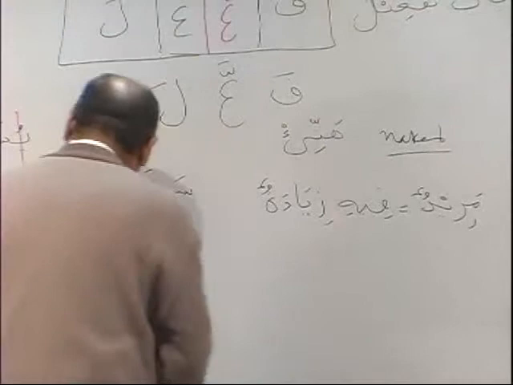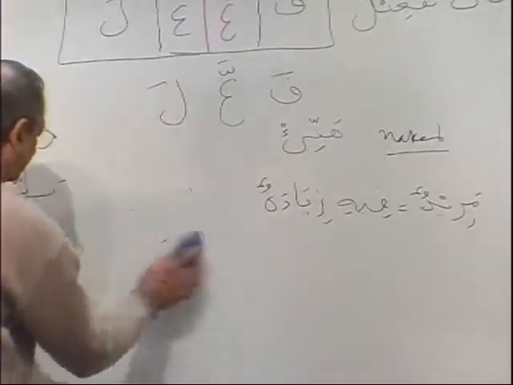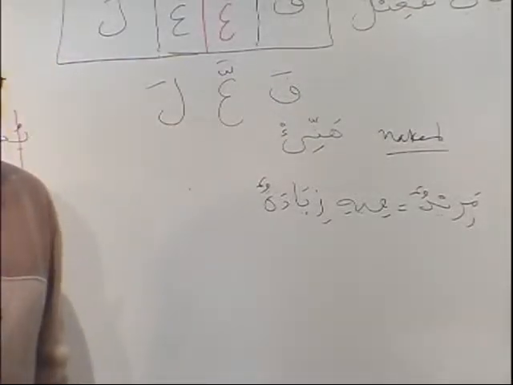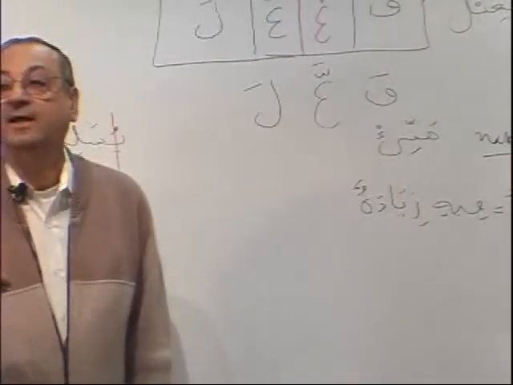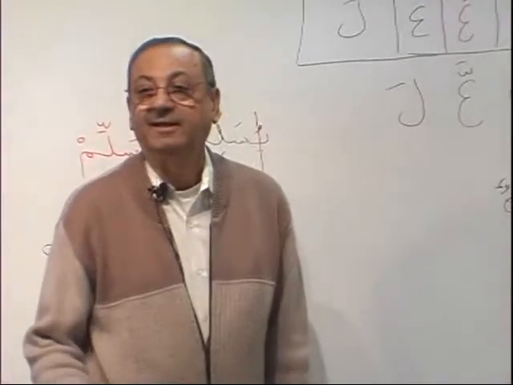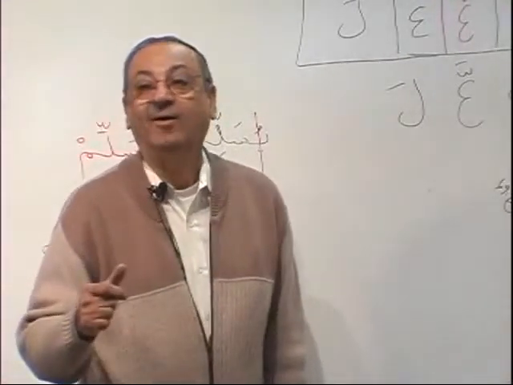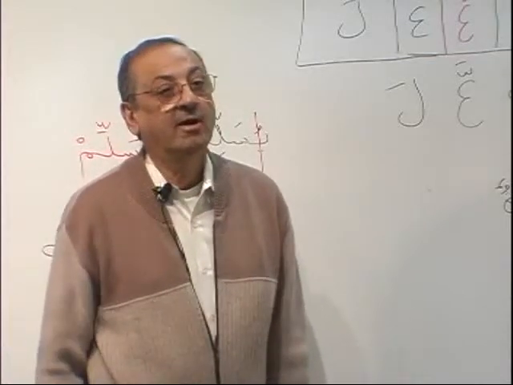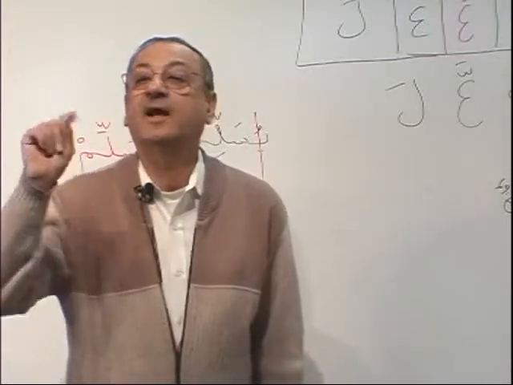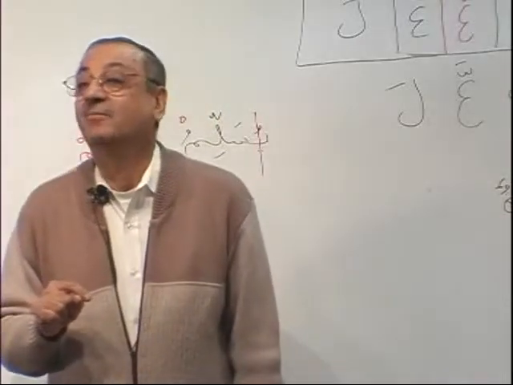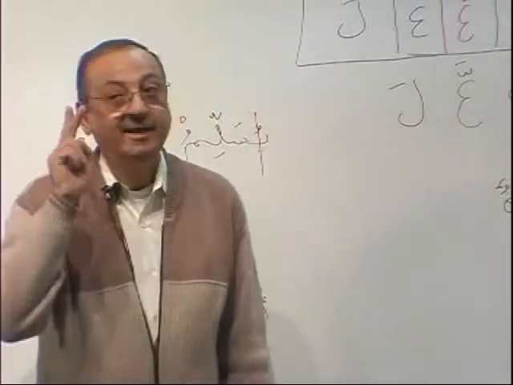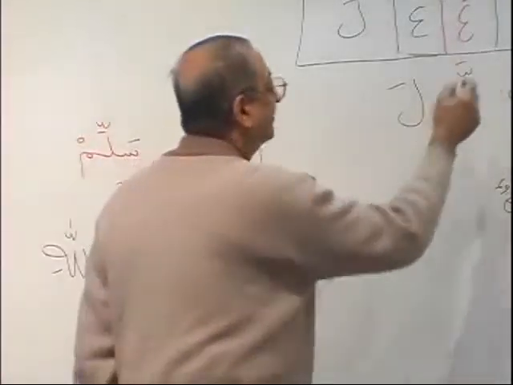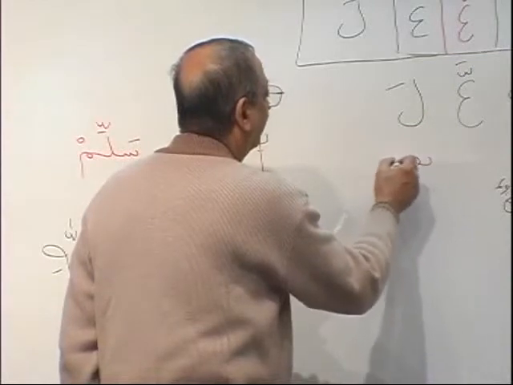Now something else, brothers and sisters. We are doing bab taf'il. But if the verb ends with a Hamza, if it is a naqis verb, or it is mahmuzul lam, what did I say? Mahmuzul lam. And if they are in form 2, bab taf'il, then this will change into taf'ilatun.